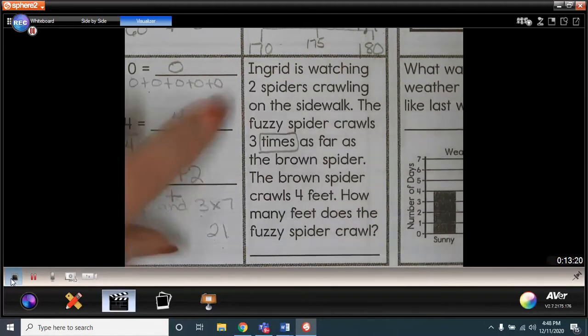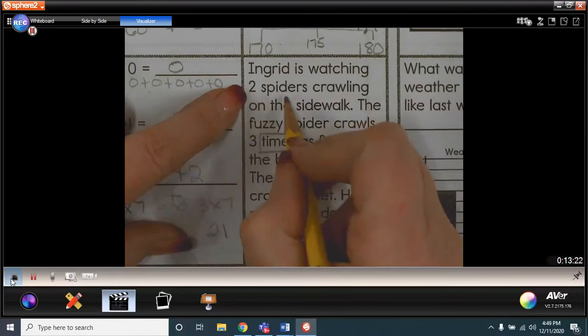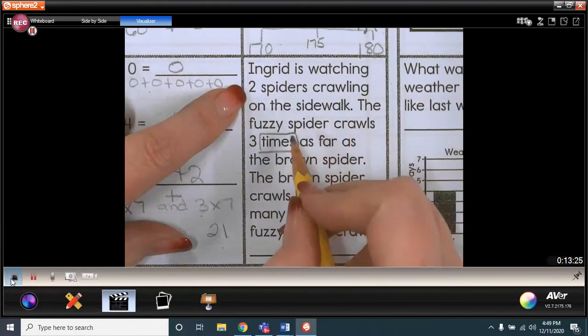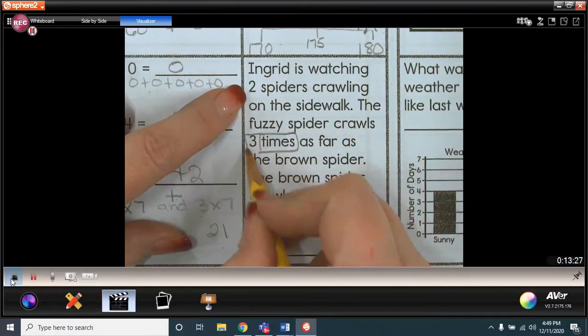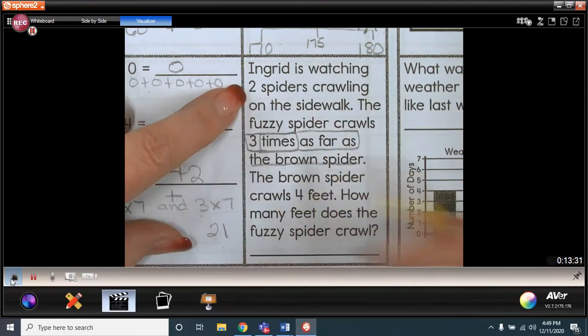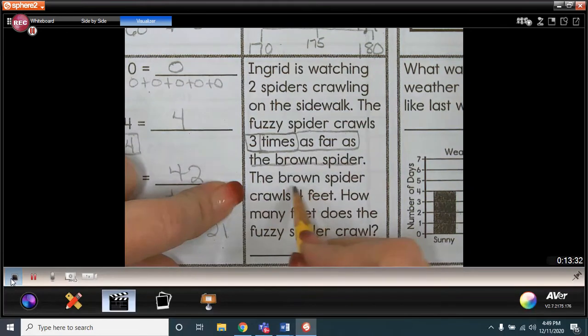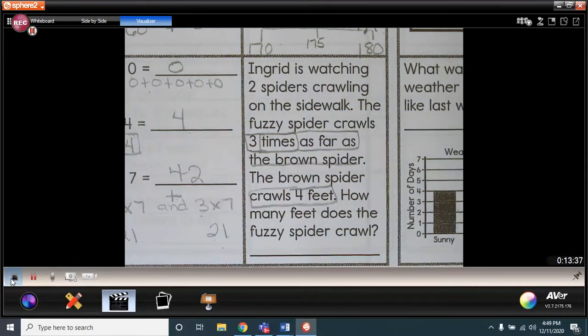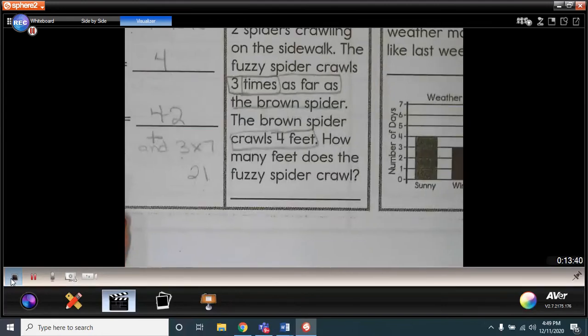So again, she's watching 2 spiders. She's watching the fuzzy spider that crawls 3 times as far as the brown spider. And the brown spider crawls 4 feet. So I'm going to draw this for myself, thinking about the information that I have, because they want to know how far the fuzzy spider has crawled.